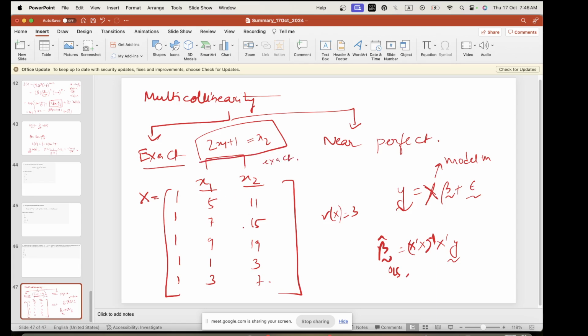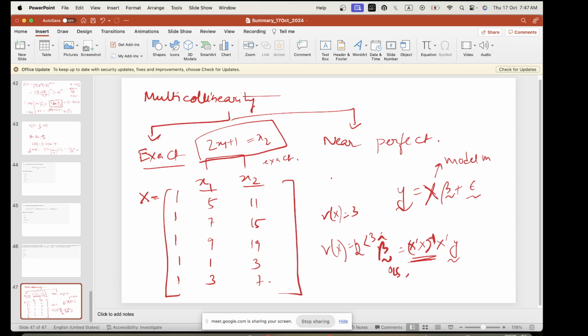Then the rank of x transpose x, or rank of x in this case, will be equal to 2, which is less than 3. So the inverse is not possible, and you will not be able to find beta hat OLS, because the inverse will not exist.